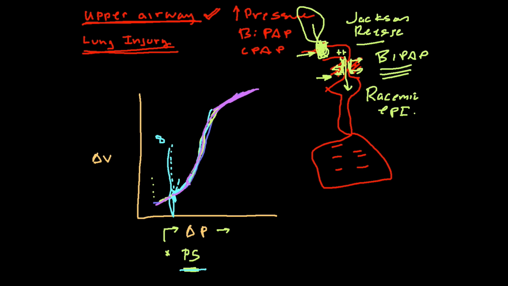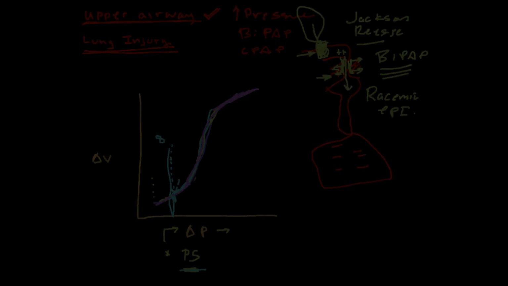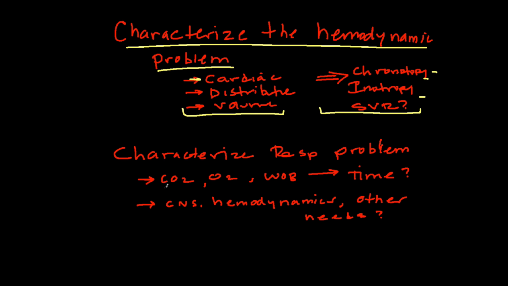And again, you can temporize them a little bit. What do you do while you're getting all your intubation crew together and your supplies? You can definitely do non-invasive ventilation, but it probably will not lead to a long-term strategy that will help them keep off the vent. I think for a respiratory problem, the lab values, CO2, O2, as well as work of breathing, will tell you whether you have time on your side.